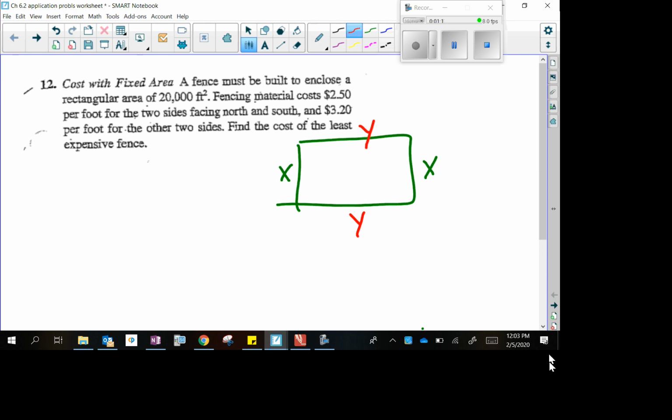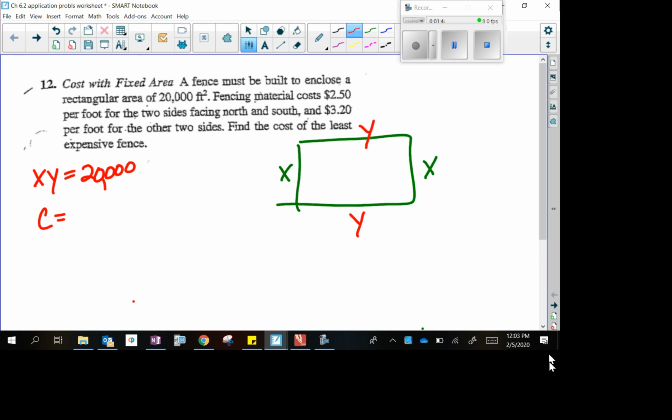It must be built to enclose a rectangular area of 20,000 square feet. So what equation does that tell us? xy equals 20,000. That gives us the equation that we know the full value for. And then what about the cost equation? The other thing is about cost, which is what we're going to try to minimize.